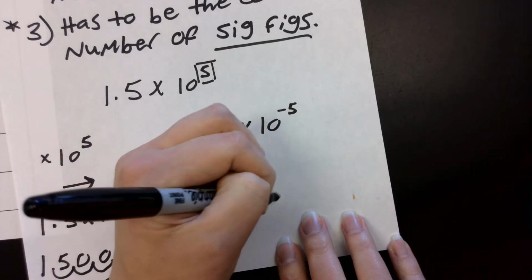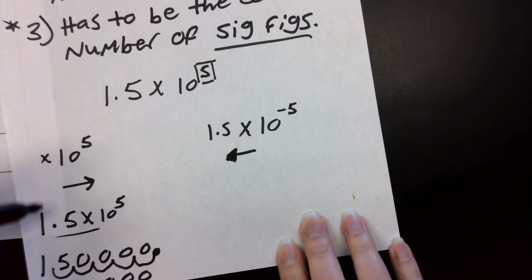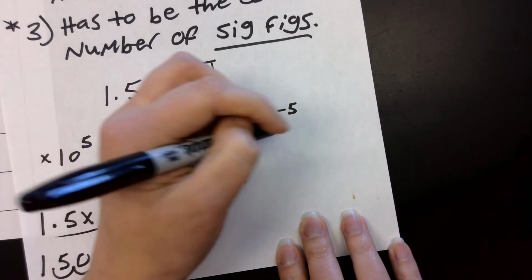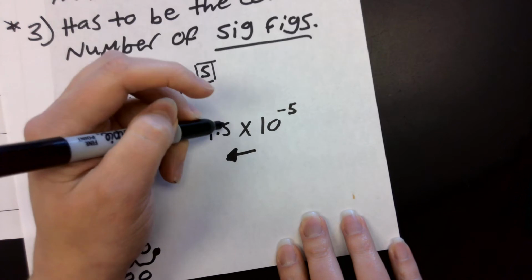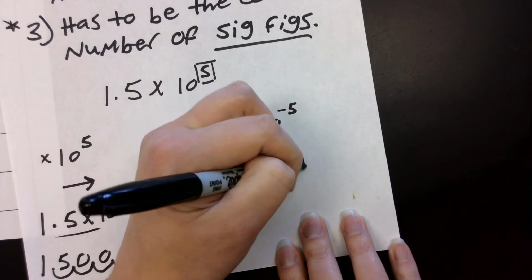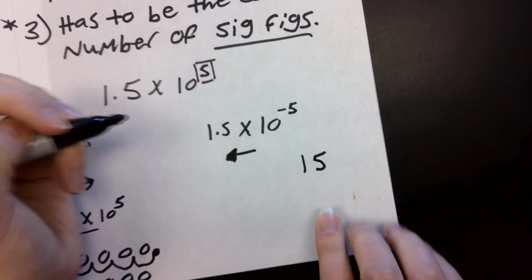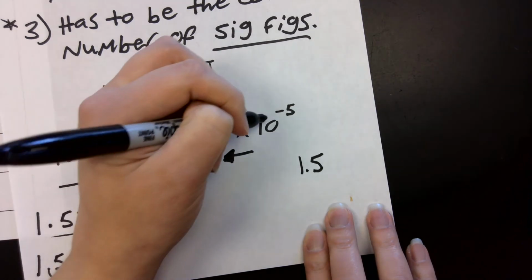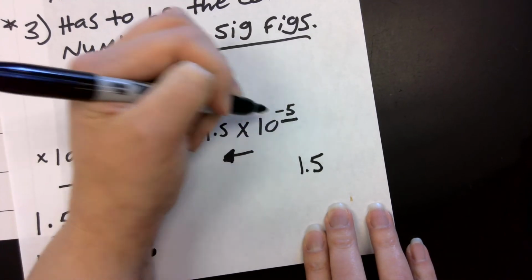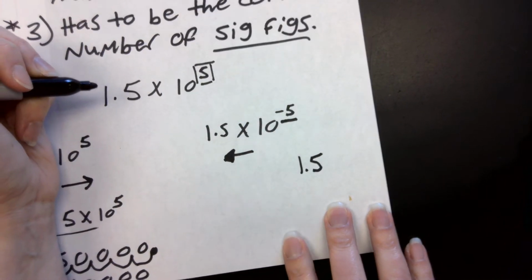So for example, our 1.5 times 10 to the negative fifth up here, we take 1.5 and we move it over 5 times, to the left.